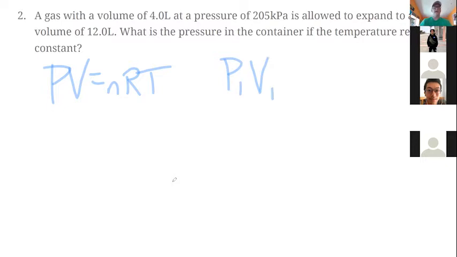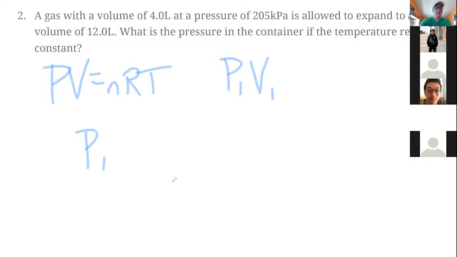And so what are we changing here? What is changing in this situation? The volume. So the volume is changing, right? Is there anything else changing? So we're going to pressure.